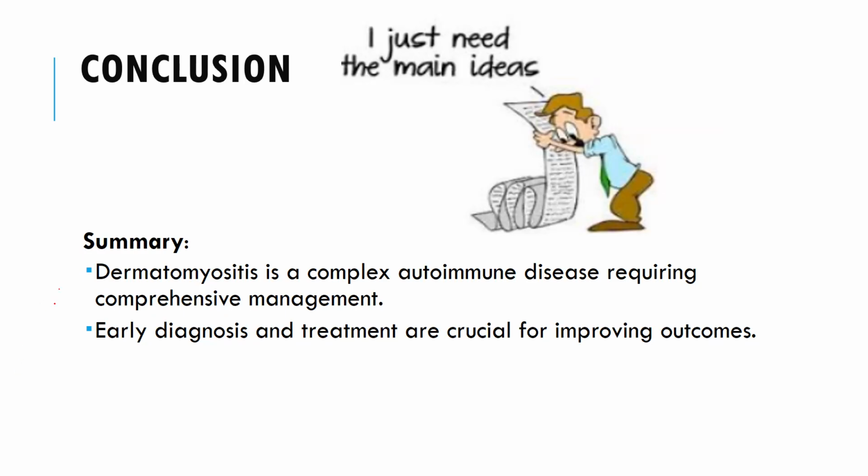And you have to remember the signs that we usually elicit in dermatomyositis, including the Gottron papules on the dorsal surface of the hands, then the Gottron sign, which is basically erythema on the dorsal surface of the hands, around the elbows and knees, then the shawl sign, if the rash goes all the way back up to the shoulders and back, then the V sign, if the rash is on the chest, heliotrope sign, if they have periorbital swelling and edema with erythema, then the holster sign when they have a rash on the lateral sides of the thighs.